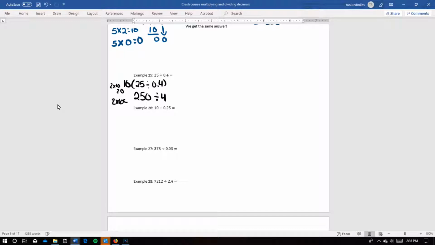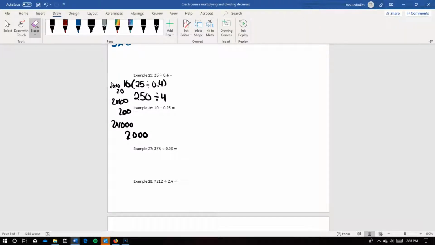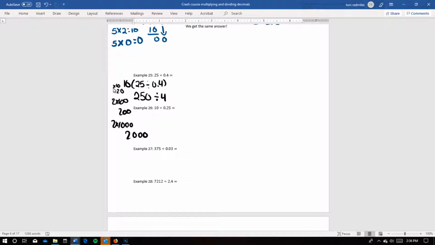If you multiply by 100, it moves it over 2 places, and if you multiply by 1,000, it moves it over 3 places. And I should have showed you that in class if we had the time. All right, so I multiplied everything by 10, or you could look at it as I just moved the decimal place.